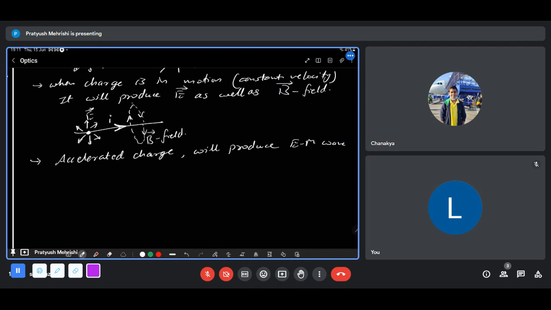This was the electric field, okay? And this is the magnetic field. These concentric circles are the magnetic field. They both are like this. But whenever this charge is accelerated, it will produce an electromagnetic wave in this manner. The fields are now intermingled with one another. This diagram we have already seen.